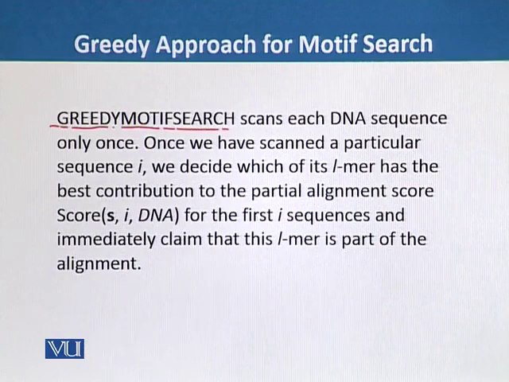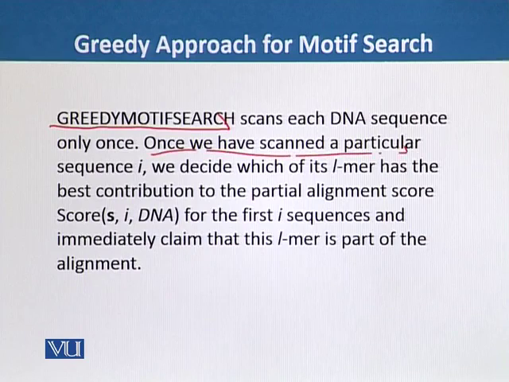The greedy motif search algorithm scans each DNA sequence only once. This is the beauty of this algorithm, that it will not scan each DNA sequence again and again. Once we have scanned a particular sequence i, we will decide which of its l-mers has the best contribution to the partial alignment, because in motif search we have to find the motif within the DNA sequences.